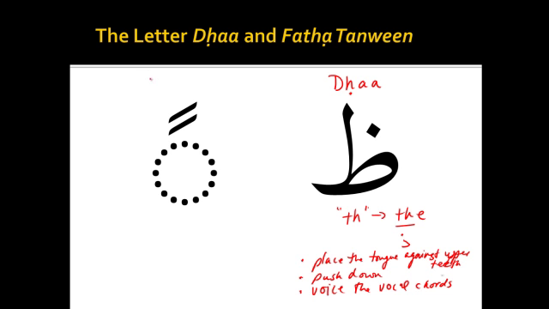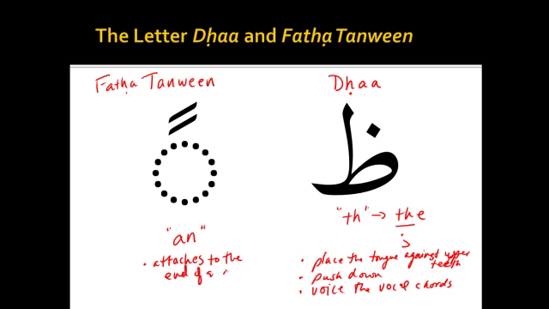The second part of this lesson is the Tanween, Fath Tanween. And the Fath Tanween is an un sound that attaches to the end of a word. Now, this represents a letter. And the letter that it could be is an alif in this case.